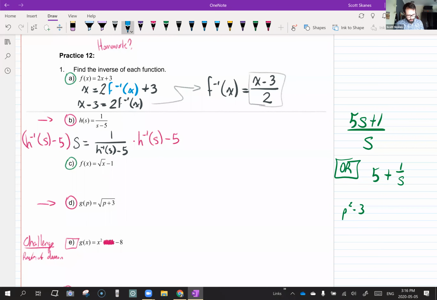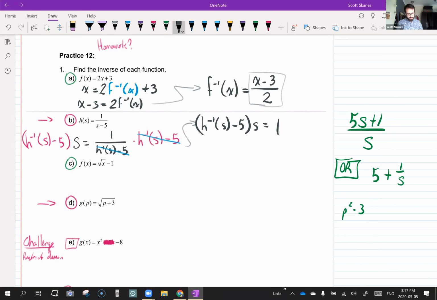It will cancel everything. Cancel, cancel, and we'll end up with that on the left side, and we'll have something easier to work with. So I need to rearrange here. So that gives us this ugly, ugly, ugly thing, which I'm going to give you a little tip on later.